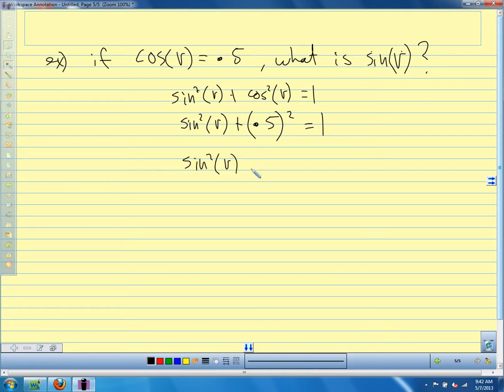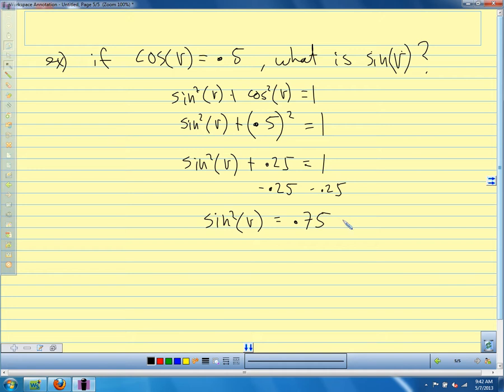Sine squared v, 0.5 squared is 0.25, equals 1. Subtract 0.25. So I get sine squared v equals 1 minus 0.25, which is 0.75.